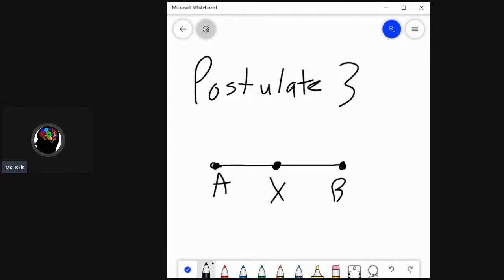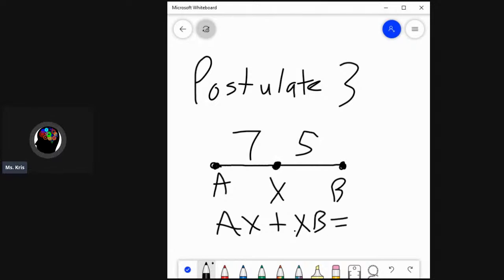So say for instance, from A to X is 7 and from X to B is 5. That means A and B together is 12. So postulate 3 is the segment addition, which means if X is a point of A and B, then AX plus XB equals AB.